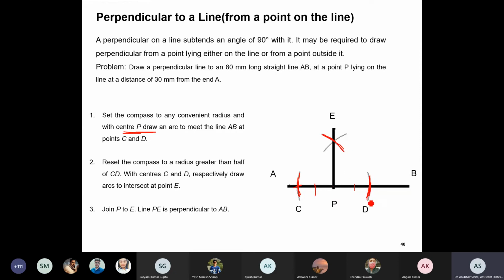Similarly, from point D, I will put the compass here and make one arc like this. Now if you join this, it will be perpendicular to the given line.